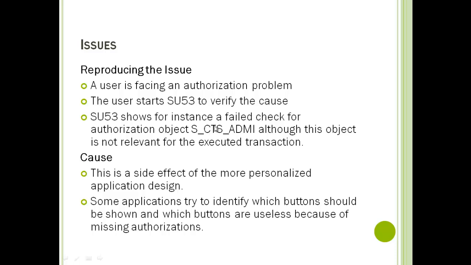Don't just go and put this authorization object to this user. That is, first of all, very risky, and secondly, it's not going to solve the problem. Any authorization object that starts with S_ means it has something to do with the system. So this authorization object is not relevant to the user. You may face this commonly.